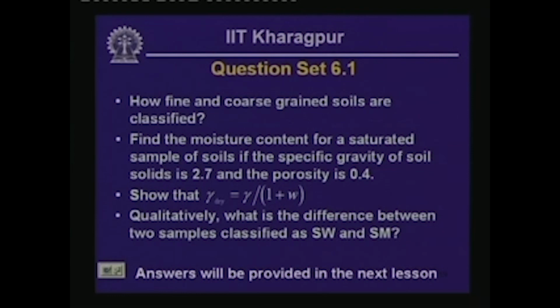Then I ask you to prove a relationship, gamma dry is equal to gamma over 1 plus w, where w is the moisture content, gamma is the bulk unit weight, and gamma dry is the dry unit weight. The fourth question is, qualitatively, what is the difference between two samples classified as SW and SM.